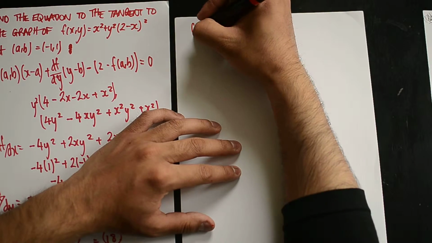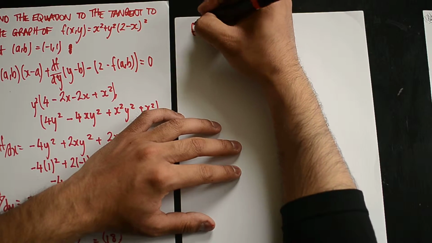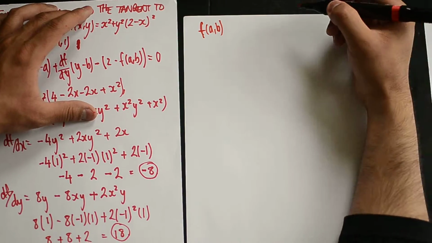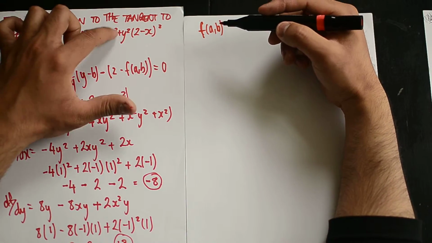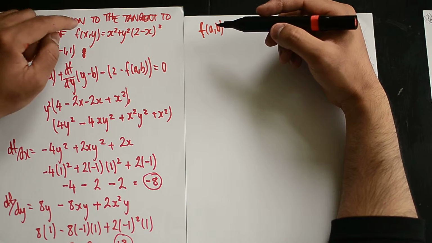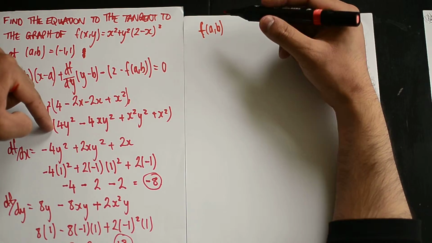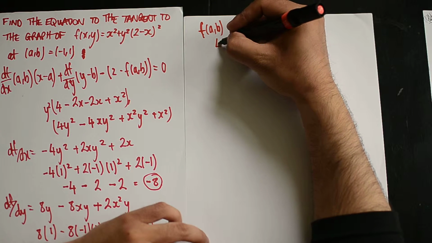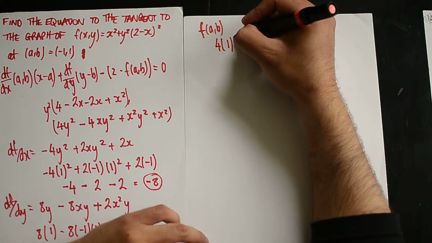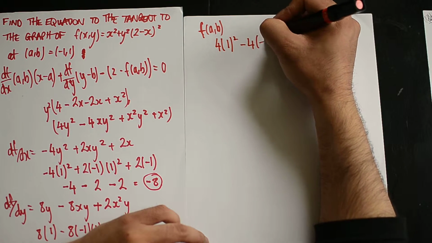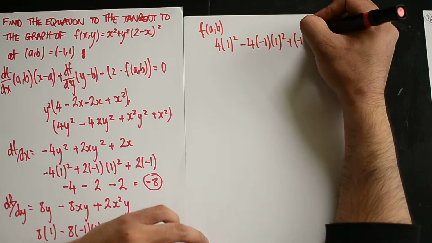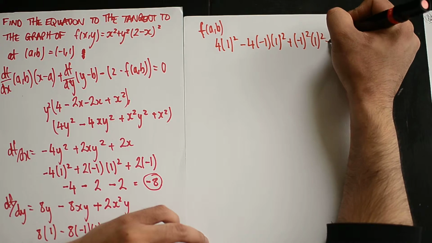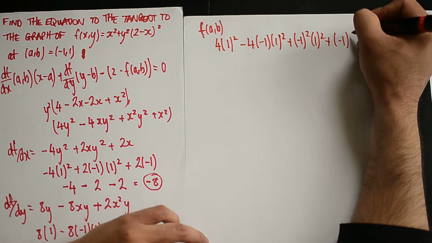I now need to find out what f(a,b) is. And this is done by plugging in -1 and 1 into your lovely little equation here, which I've expanded out here. So that would be 4 times 1 squared, minus 4 times minus 1 times 1 squared, plus minus 1 squared times 1 squared, plus minus 1 all squared.